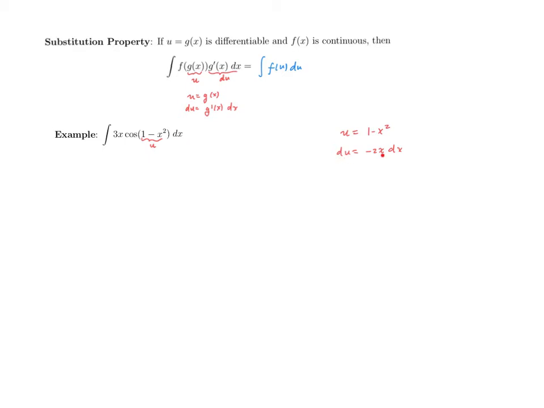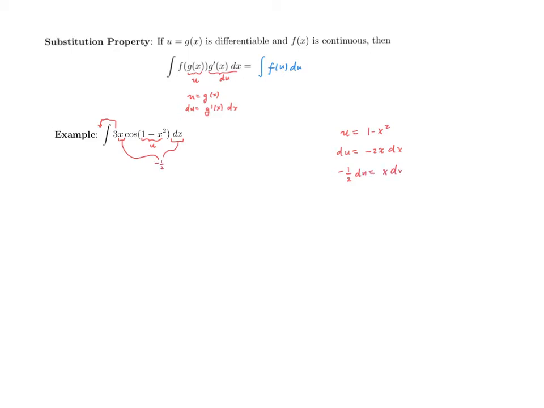And note, we have an x dx that we can take care of with the du, which guides our approach. 3 is a constant. We'll pull that in front of the integral. That leaves us with an x dx, and note minus 1/2 du would be equal to x dx.